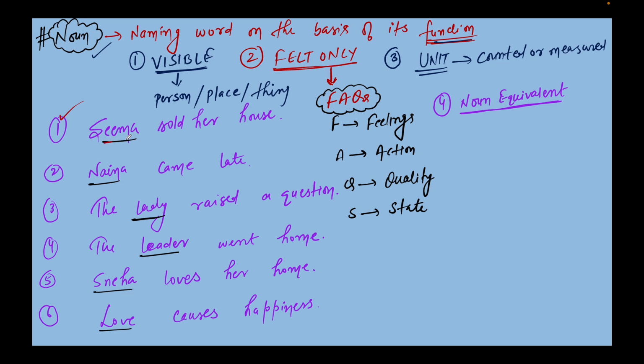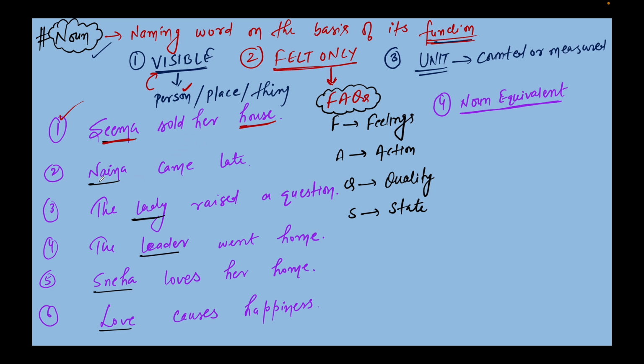First example: Seema sold her house. Seema is what? A person, and person comes in the category of visible. House also comes in the category of visible.